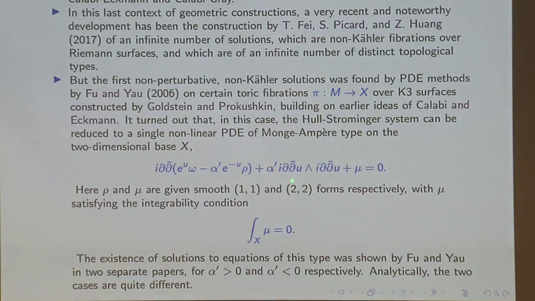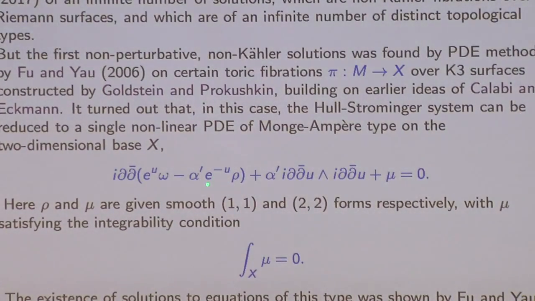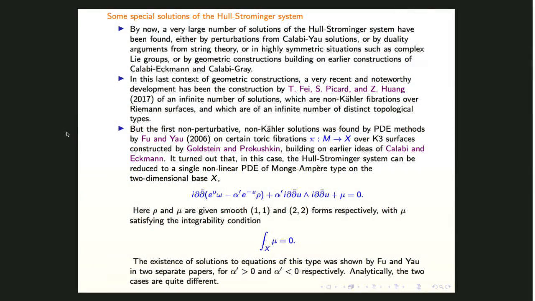The unknown is a scalar function u, and in 2 dimensions, this is the Monge-Ampère determinant of u. But there are these additional terms as well that will involve the Laplacian of u. So this will turn out, as you will see, to be a kind of Monge-Ampère, but with a shifted background that depends on u.